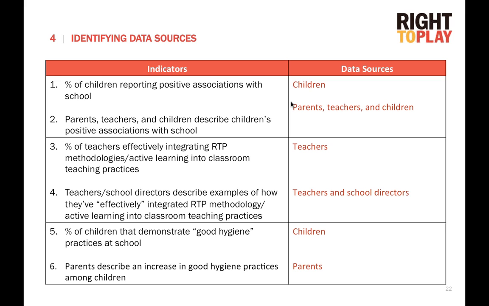For number two, the parents, teachers, and children describe children's positive associations with school. And of course, it says right there in the indicator that we want to collect this information from parents, teachers, and children. Number three, the percent of teachers that are effectively integrating right to play methodologies into the classroom teaching practices. And again, for this, the data source will be the teachers themselves.